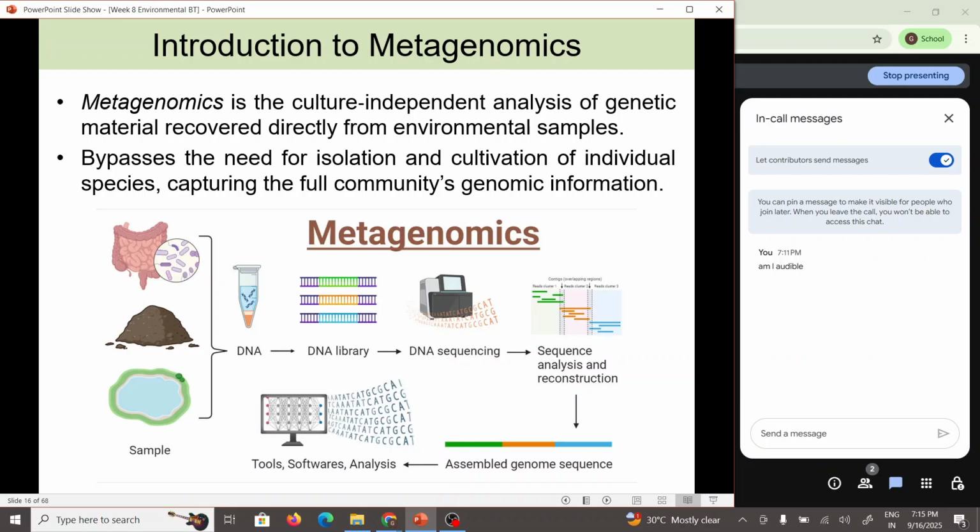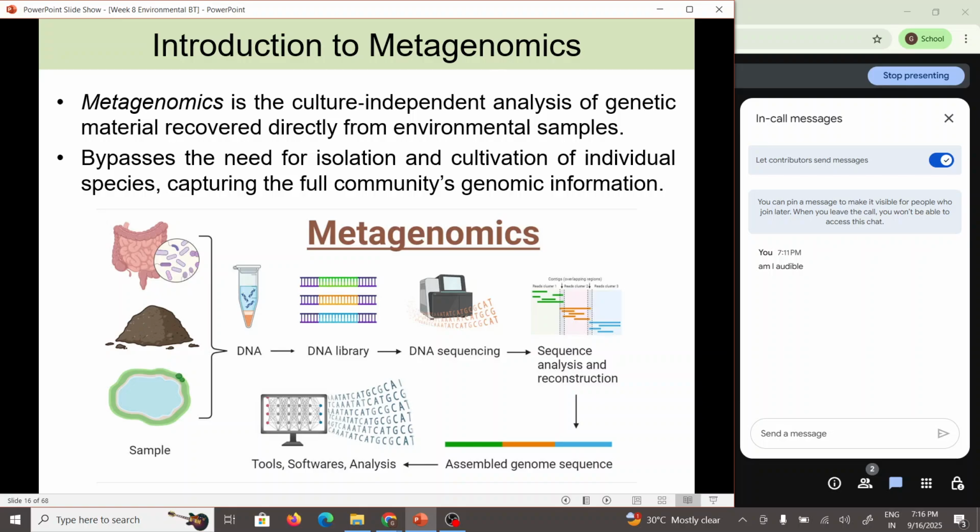Based on this, we don't know what is the exact condition where all of the microorganisms can survive. Due to this reason, only a very small percentage of the microorganisms are cultivable. Hence, culture dependent methods we cannot generally opt for to get a reliable representation of the environment that we are analyzing.